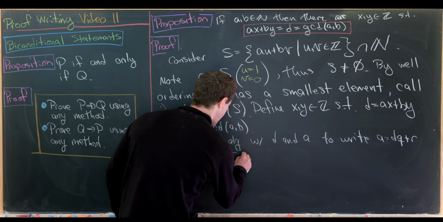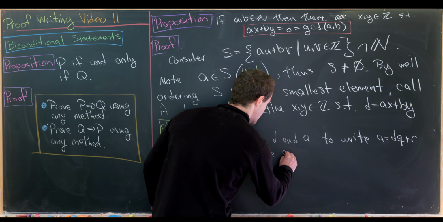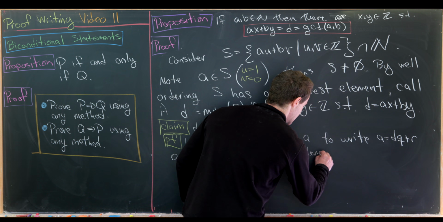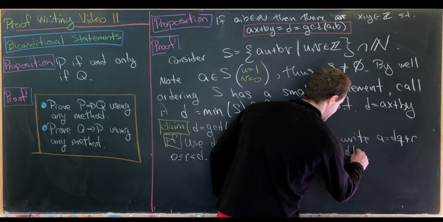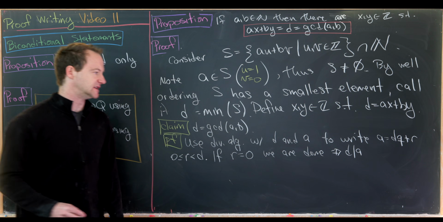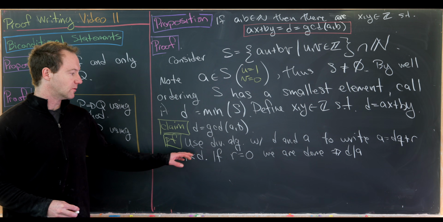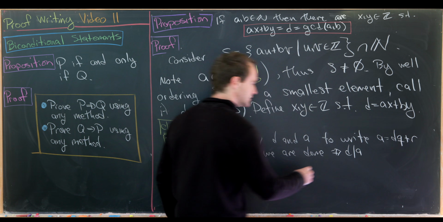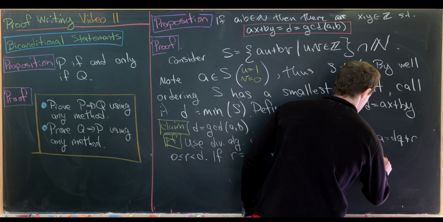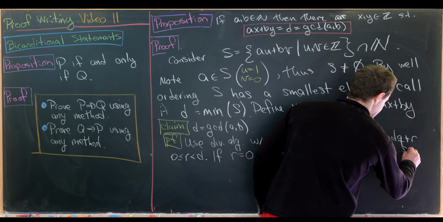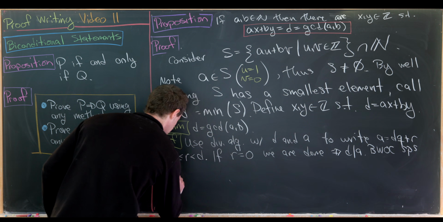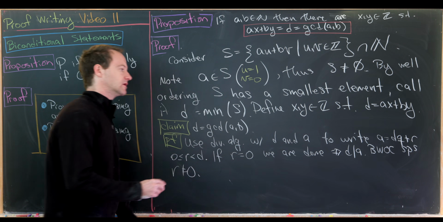And now let's notice if R is equal to 0, we are done, because that implies that D divides A. And then similarly, D divides B. So by way of contradiction, suppose, I meant R is not 0.